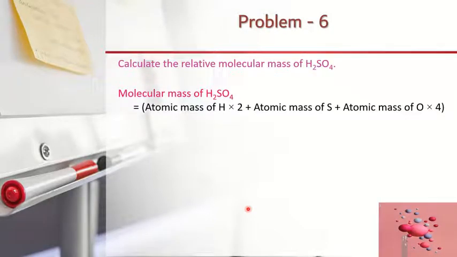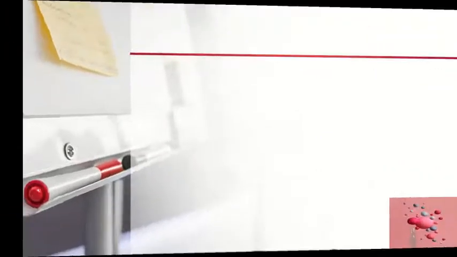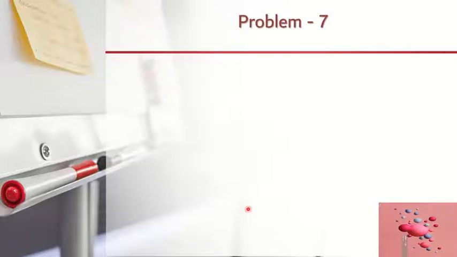The molecular mass of sulfuric acid is atomic mass of hydrogen times 2, because there are 2 atoms, plus atomic mass of sulfur plus atomic mass of oxygen times 4. We know these atomic masses, and after putting in these values, we get the relative molecular mass of sulfuric acid as 96.